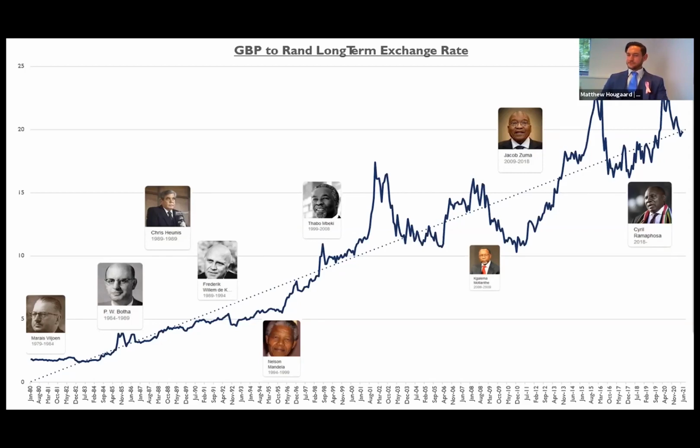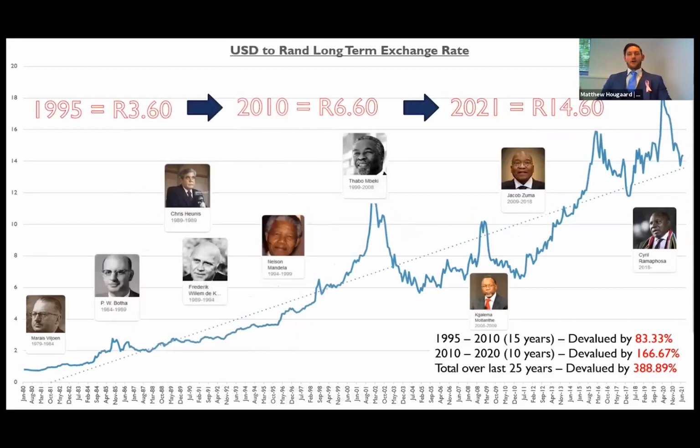So there's really a misconception about the depreciation when it comes to the Zuma years. But if you take it on a scale of the last 40 years, it's depreciated, as I said, by 5% per annum. Now, obviously, the picture is really identical when it comes to the US dollar. With credit downgrades, bailouts, and corruption, it's relatively reasonable to assume that the rand will continue on a downward trajectory against the primary currencies.